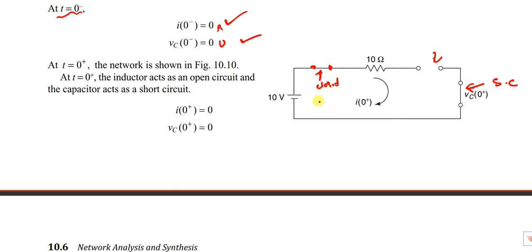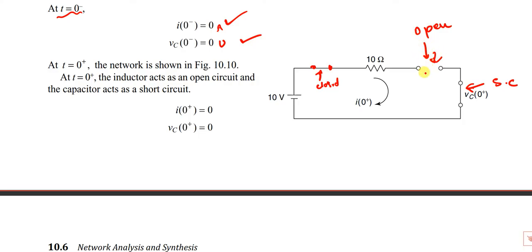This is open, this is open, this is short circuit. Capacitor short circuit, inductor open circuit. Again we check whether any current is flowing in the circuit. Even though the capacitor acts as a short circuit, the circuit is still open because the inductor is there.